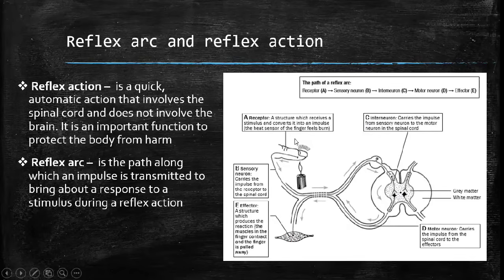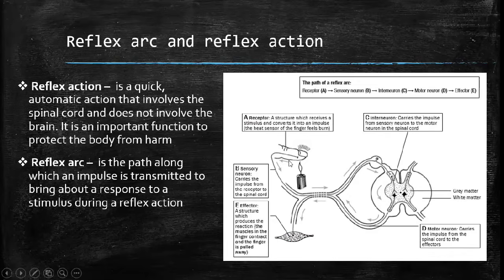You're going to have to say it starts from A, the receptor. It goes to B, the sensory neuron, which transmits the information into the spinal cord. And then it goes to C, which is the interneuron or the connector neuron. From the connector neuron, it goes to the motor neuron. And then from the motor neuron, it goes to the effector, the structure which produces the reaction, which responds to the change.